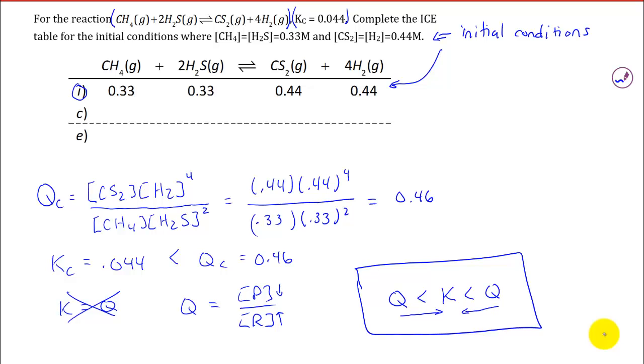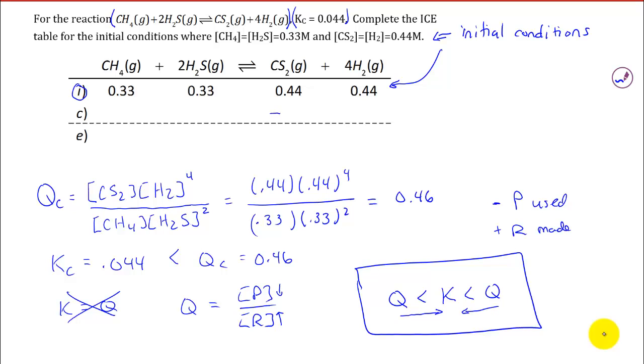Now we need just to apply that into our ice table. If we're shifting to the left, products are being used and reactants are being made. I know that's opposite of what we're used to, but what that means is that our products will have a negative sign in their ice table change row, and the reactants will have a plus.